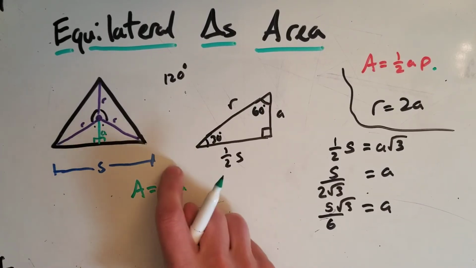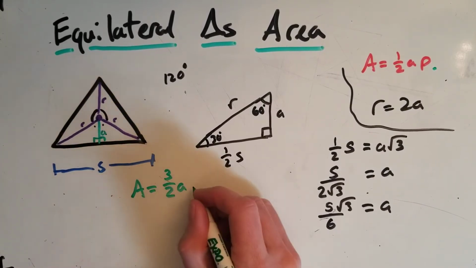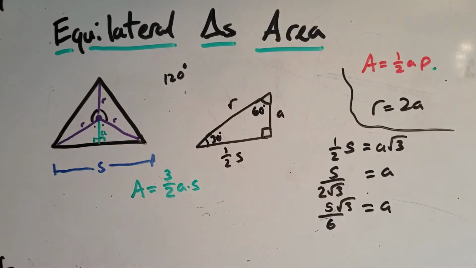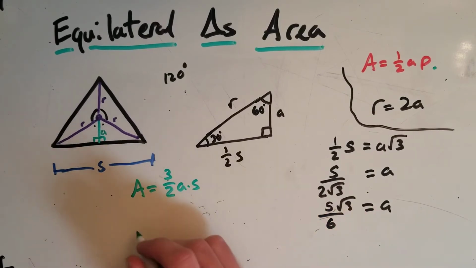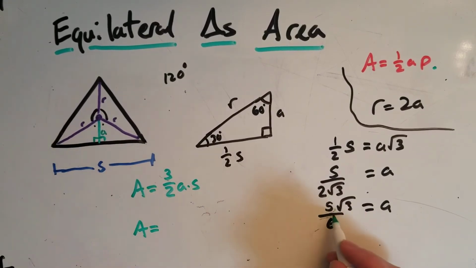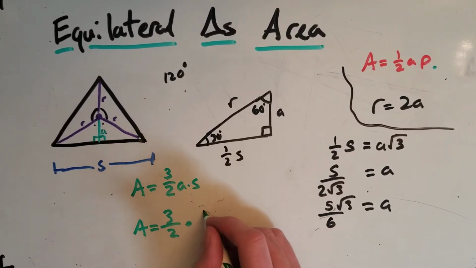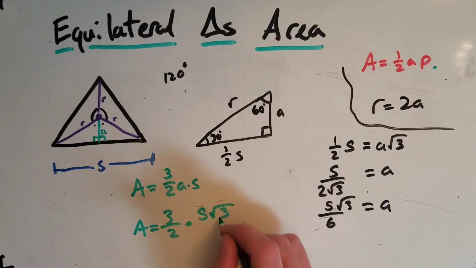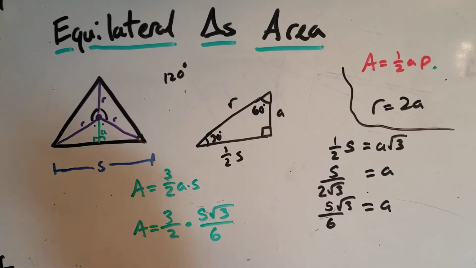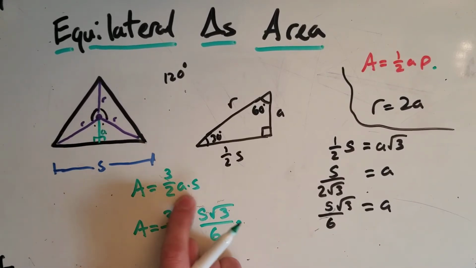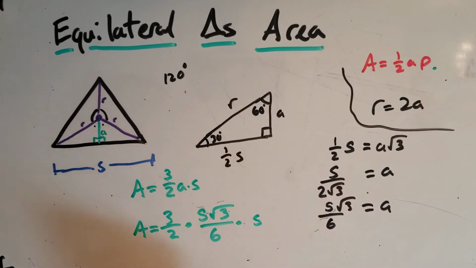And to clean it up even more, we'll make it 3/2 apothem times the side. But we already know the relationship between the apothem and the side, so I'm going to substitute that in. So 3/2 we'll keep out here, and then it's going to be times the side times radical 3 all over 6. That was substituting for A, so we have to multiply by the extra side.